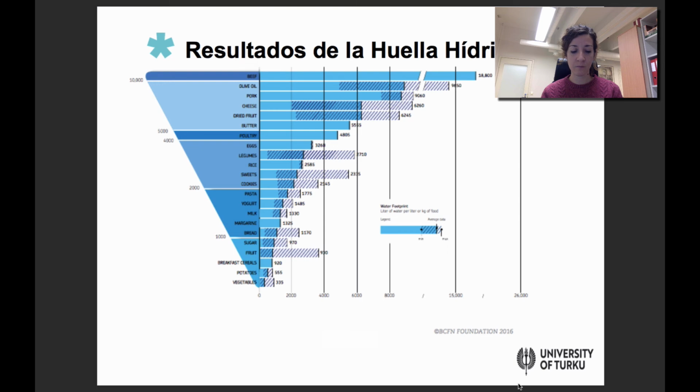So one common example is maybe the one of avocado, which is a type of fruit that is becoming quite popular. But avocado is also very much water intensive, so it can really create water stress. It can create a lot of pressure on the local environmental resources where it is grown.